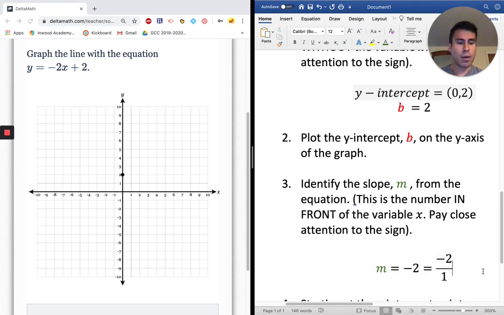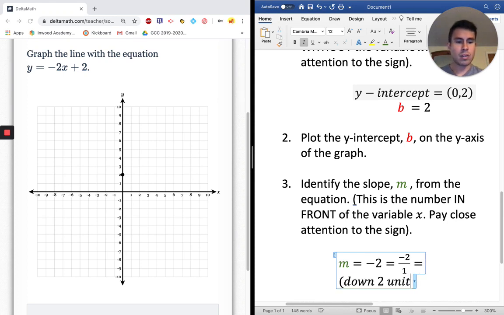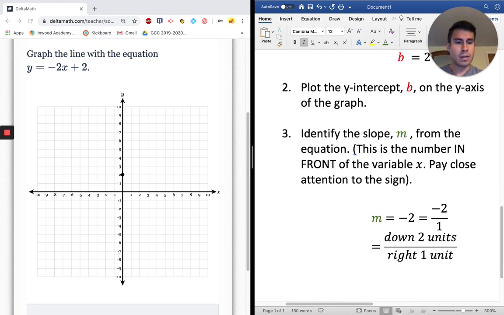So my rise, it means, bear with me guys. My rise here is down 2 units over positive 1 in the x for the run means to the right 1 unit. Okay?